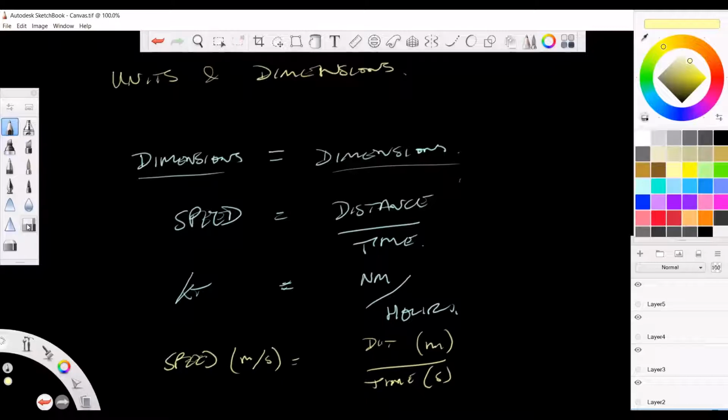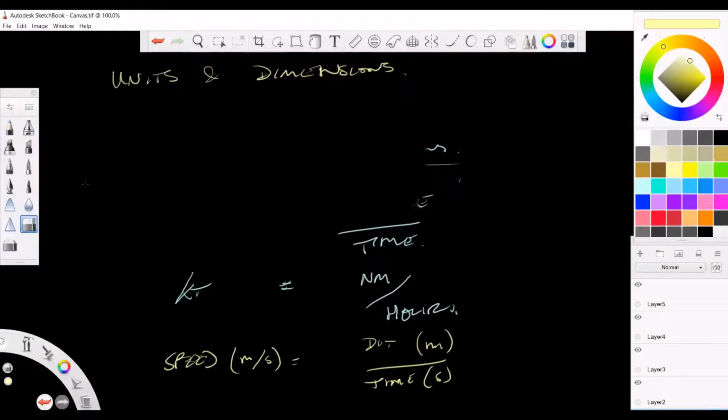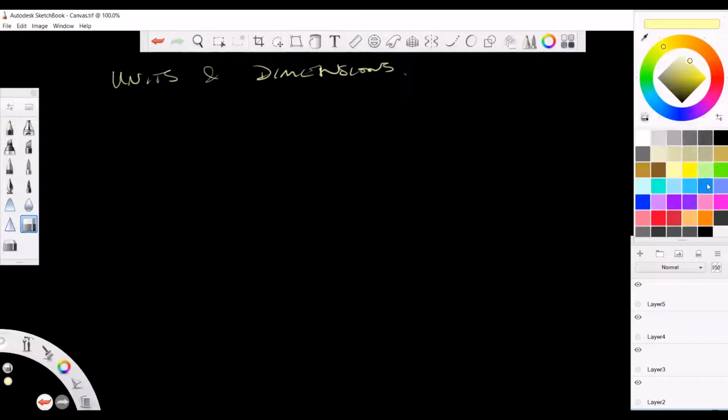Now, this also tells us why the unit for acceleration is what it is. Let's consider what the unit might be. If I've got my speed, the SI unit of speed is meters per second. So that means a speed change would also be measured in meters per second.